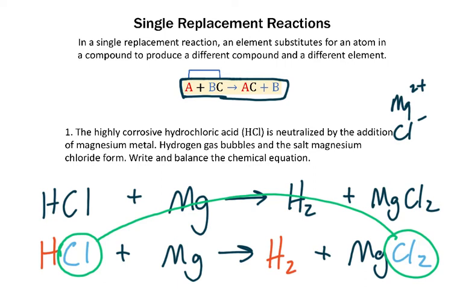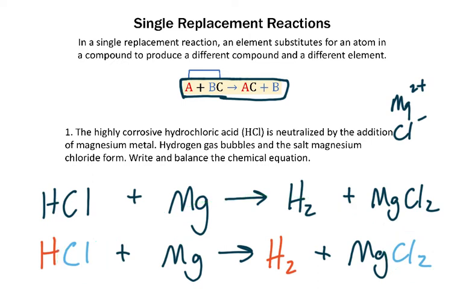So it's a single replacement, and that's it. However, let's check to balance this. Magnesium is 1 to 1, and we notice that on the product side there are 2 hydrogens, 2 chlorides, so if we put a 2 in front of HCl, it's now balanced.